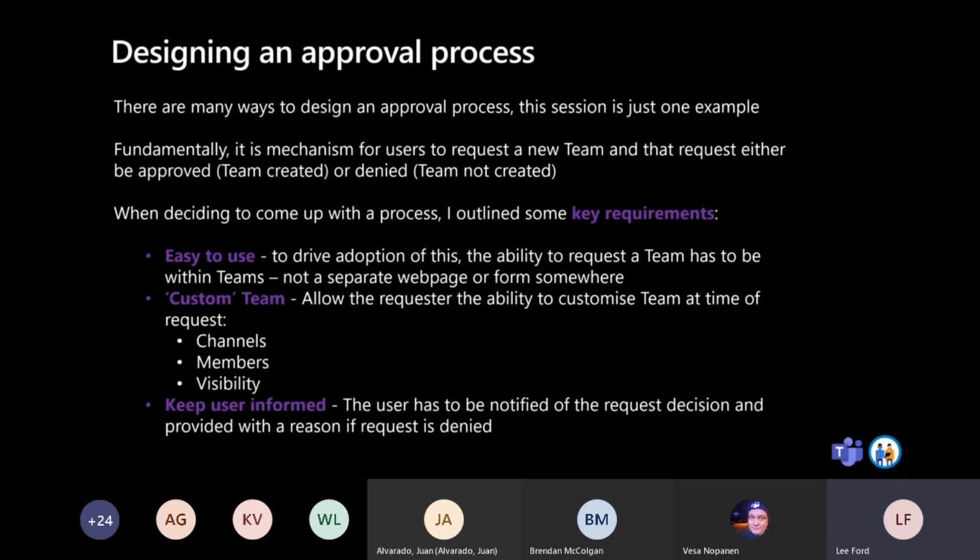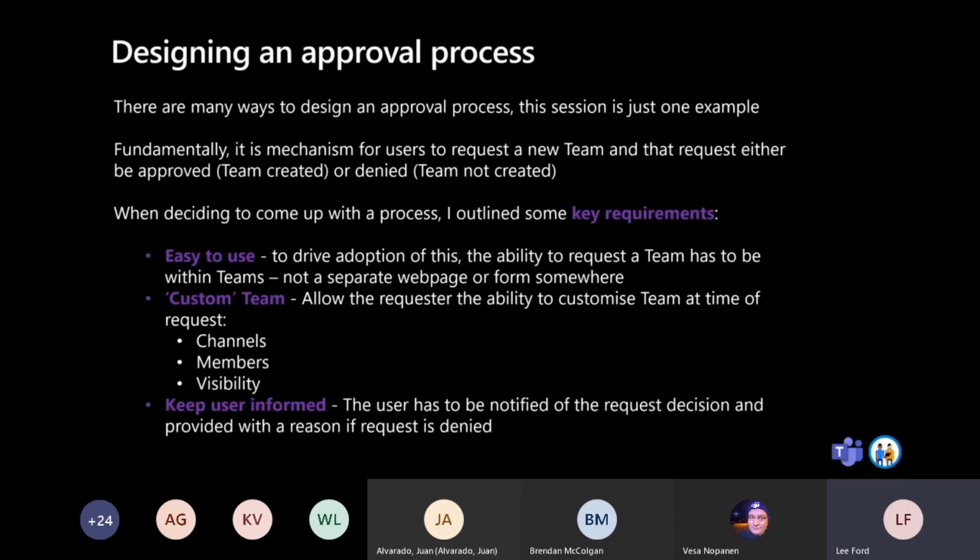And fundamentally, it is a mechanism for users to be able to request a team, specify some settings or customization around that team, and then submit the request to the team that approves the request, the approval board or whatever you want to call them, whoever's in charge of granting or denying the requests.